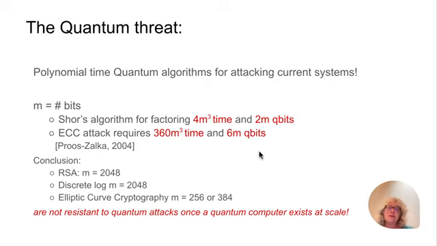And this is roughly according to the Proos and Zalka estimates from 2004. In 2019, there was a paper by Roetteler, Naehrig, and others, with a little bit more precise estimates of the exact number of Toffoli gates and things like that that are required to attack elliptic curve crypto. But it confirms the asymptotic estimates from Proos and Zalka.